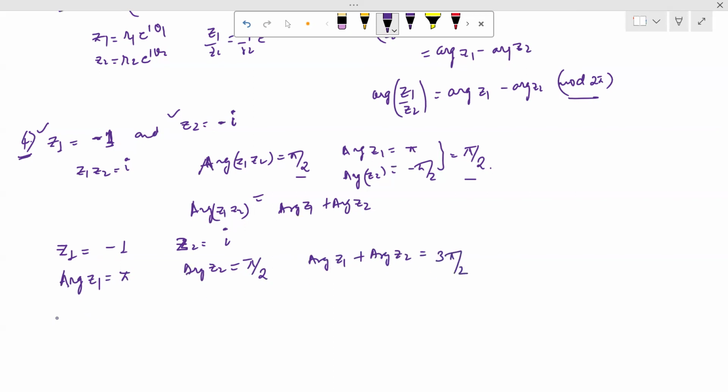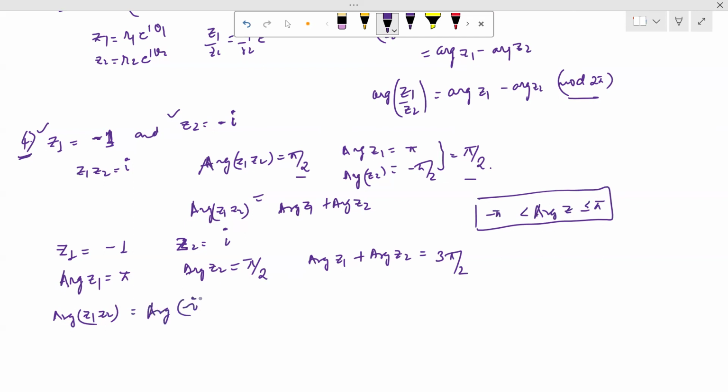However, what would be the argument of Z1 Z2? You know that whenever we are talking of principal argument, we need to restrict our values from minus pi to plus pi only. Remember this, something that you already know. So the principal argument of Z1 Z2 is equal to the principal argument of minus iota, which is equal to minus pi by 2.